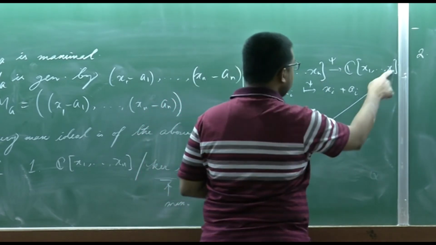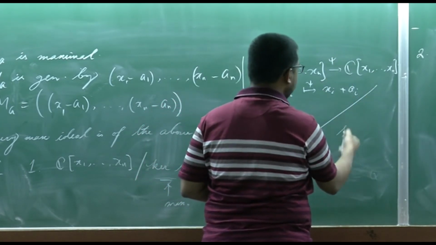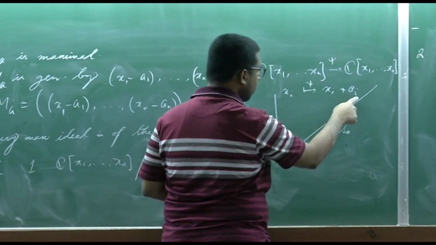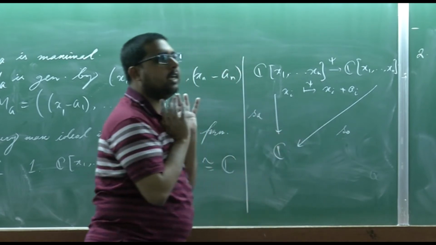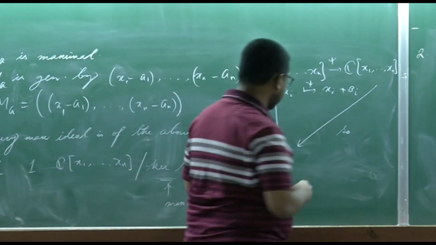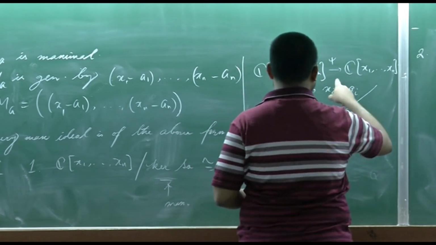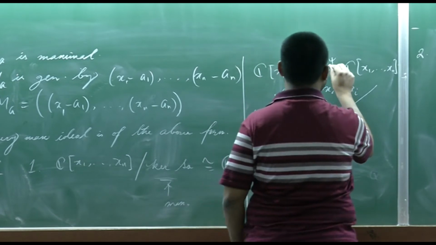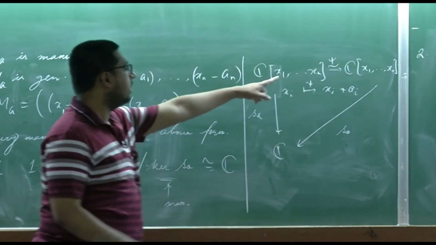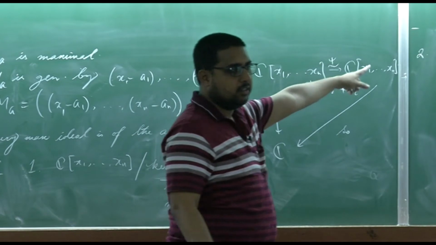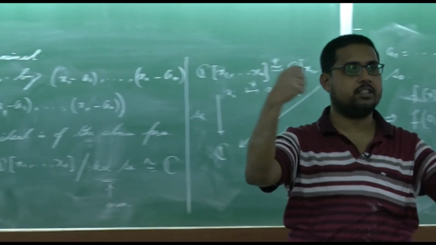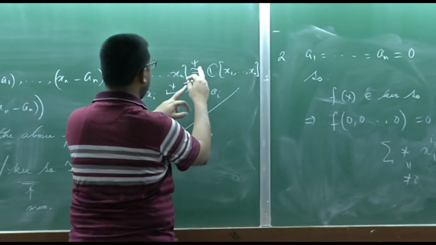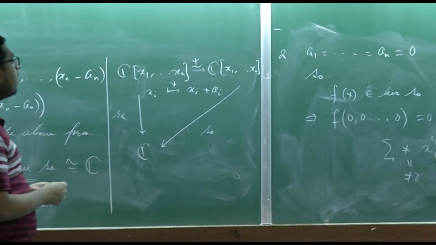If you take the composition of S naught and psi, that is also a homomorphism sending xi to ai, so they must be the same by the substitution principle. Another thing you can immediately see is that psi is an isomorphism, an automorphism, because psi inverse sends each xi to xi minus ai.